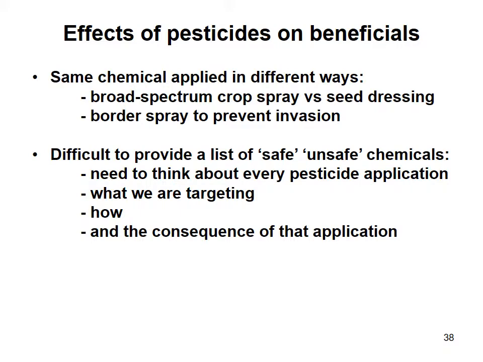Using the chemical pesticide as a border spray to prevent pest invasion would kill pests and beneficials alike, but most of the beneficials in the paddock would survive. So even broad spectrum sprays can potentially have a place if used in certain ways. It's difficult to actually provide a list of safe and unsafe chemicals. We need to think about every pesticide application, what we are targeting, how we are targeting them, and the consequence of that application.